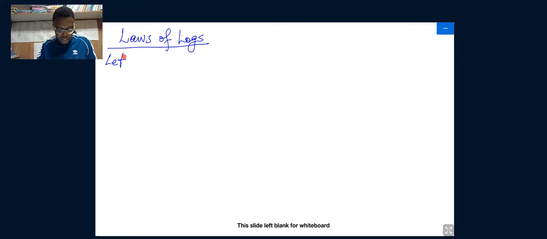We dealt with the laws of exponents. The logs also have their own laws. Laws of logs. There is a condition here which I need to state first. This is crucial.